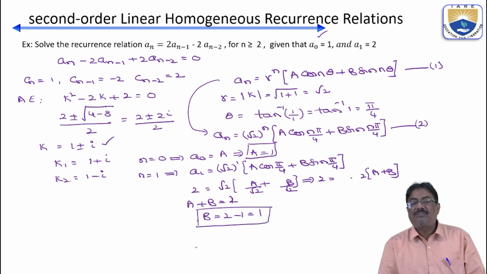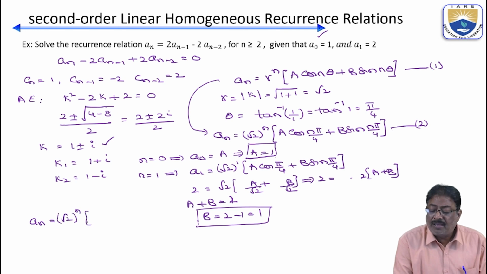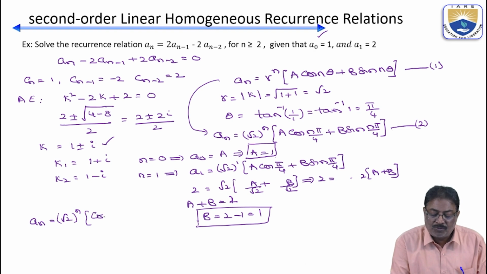After getting these values, we substitute them in the expression in equation 2. Then a_n is equal to root 2 to the power n, with a equal to 1 and b equal to 1, so cos(n pi by 4) plus sin(n pi by 4).